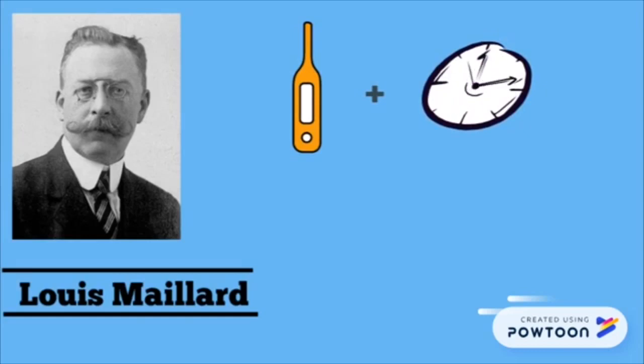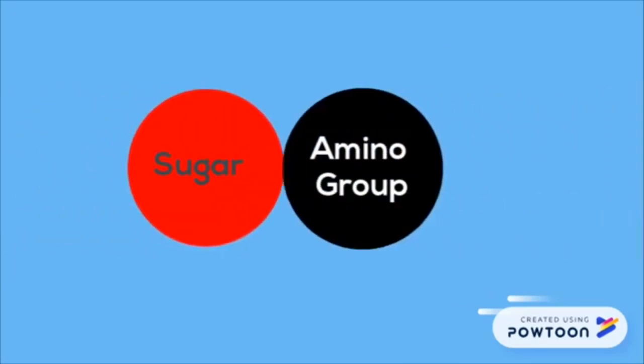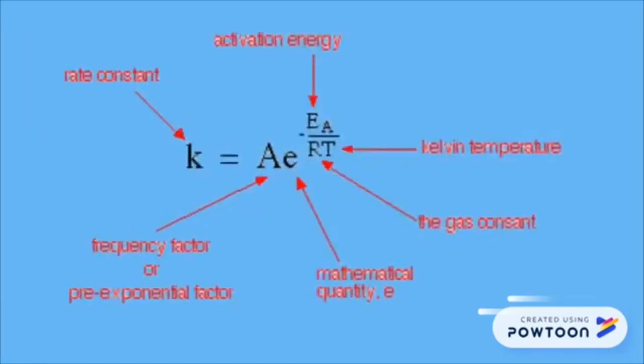He found out that as temperature increases, the rate of reaction also increases. This also increases the effective collision, also known as the successful collision, between the sugar and amino group. The well-known Arrhenius equation is intended to describe the temperature dependence of this reaction.